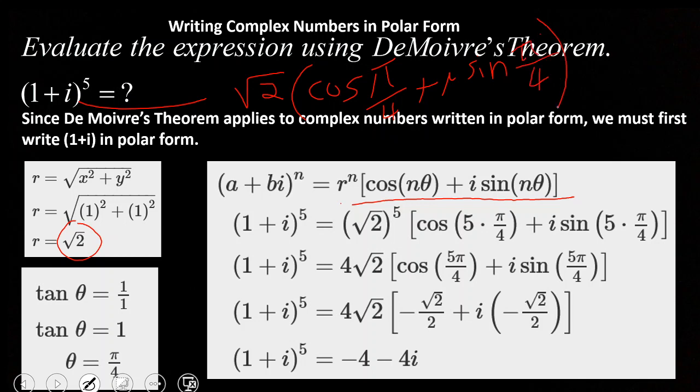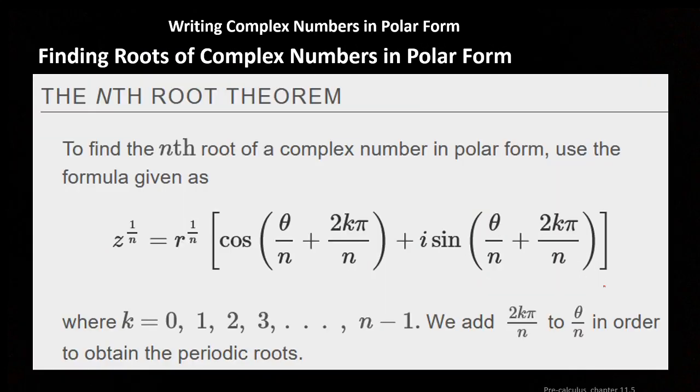That's the complex number. Now if we want to raise it to the 5th power, we raise square root of 2 to the 5th power, and then multiply the angle pi over 4 by 5. And then simplify. Again, these are things from previous chapters; you should know how to find those. And it simplifies into -4 minus 4i. That's much easier and faster than writing that 5 times.